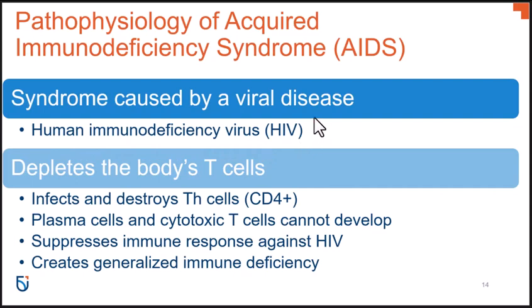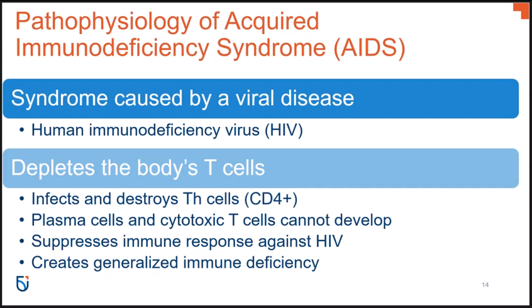What the human immunodeficiency virus will do when it's in the body is it infects and destroys the CD4 helper T cells. And these cells are necessary for the development of other immune cells that are important, such as plasma cells and cytotoxic T cells. So if we can't produce these cells, then we have quite the suppression of the immune system.